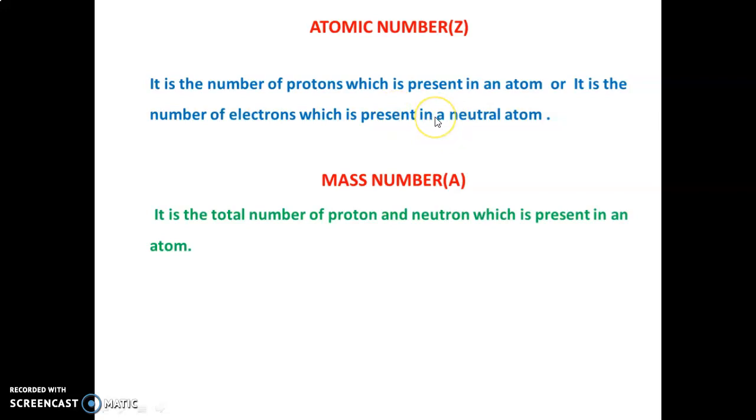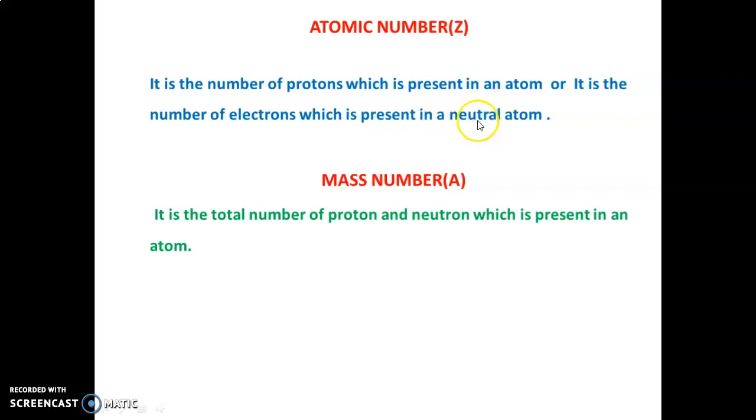I'm not going to explain this in detail here because we have many occasions to discuss this. You just remember here that atomic number is the number of protons present in an atom. When it is expressed in electrons, it is the number of electrons present in a neutral atom.